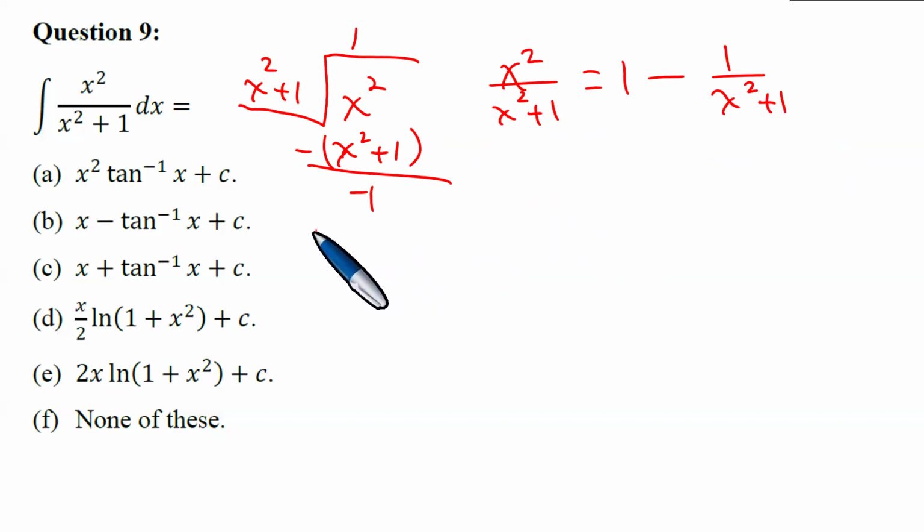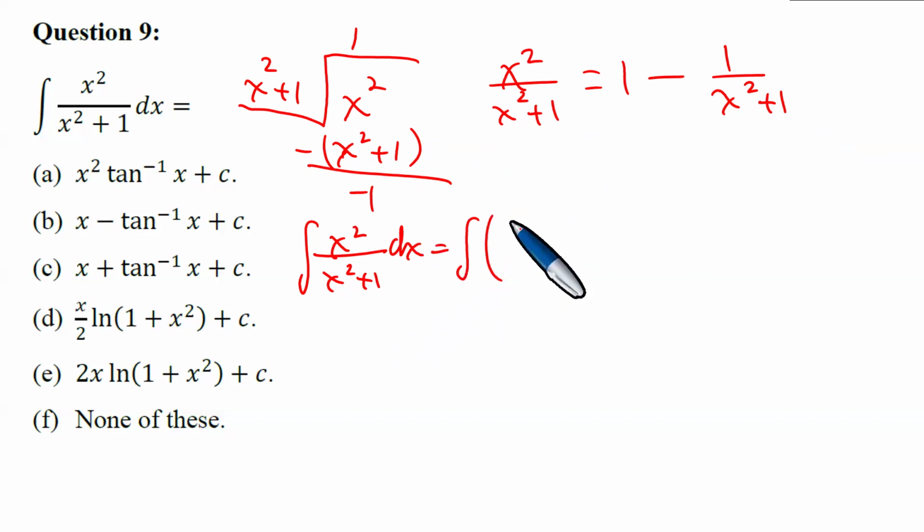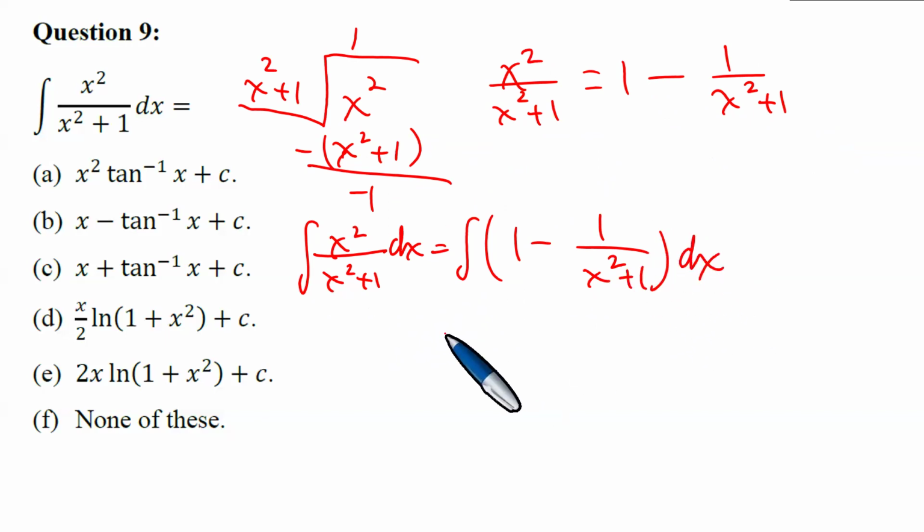So in the end we have x squared divided by x squared plus 1 dx, which is 1 minus 1 divided by x squared plus 1 dx.